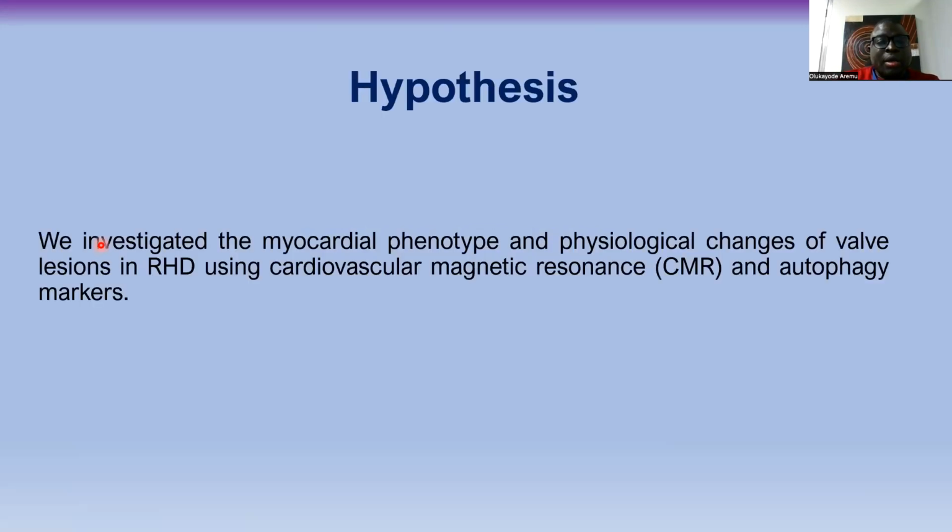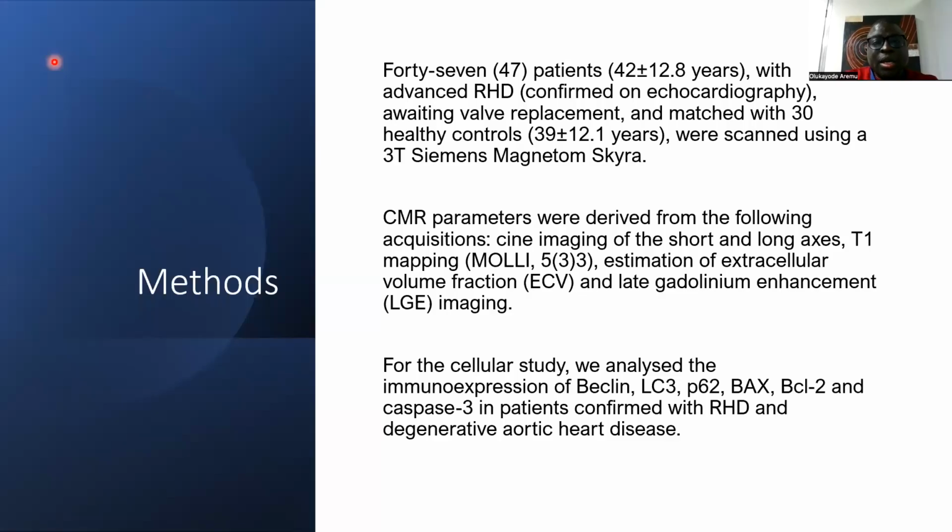So what we did in our lab is to check the phenotypes of inflammation, fibrosis, and remodeling. We use cardiovascular magnetic resonance and autophagy markers, and we recruited 47 patients, scanned them, and then also correlated the results with some markers.